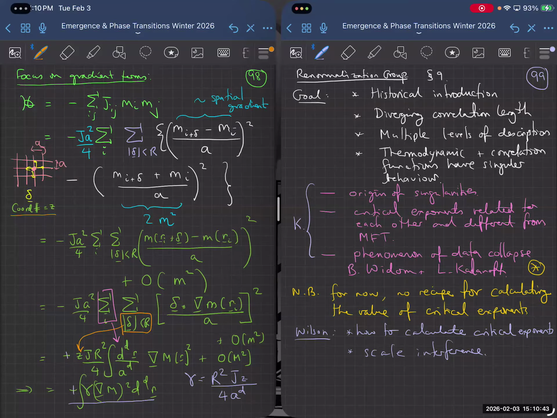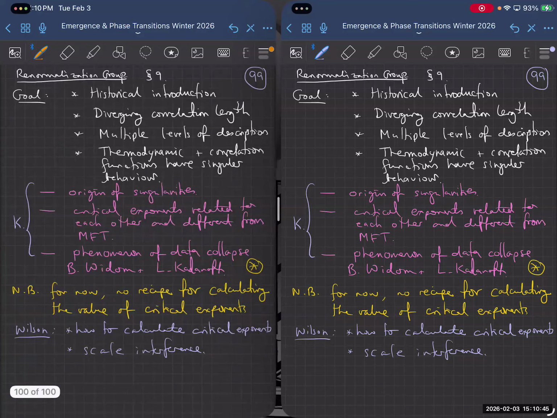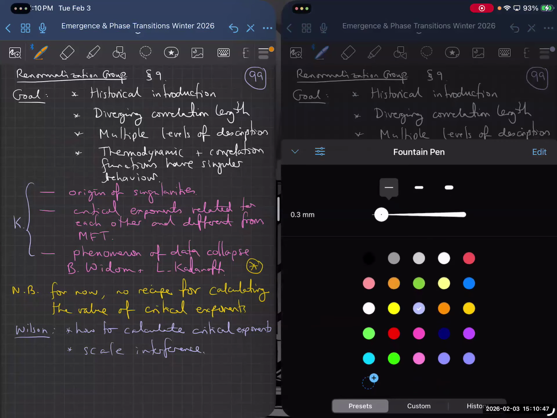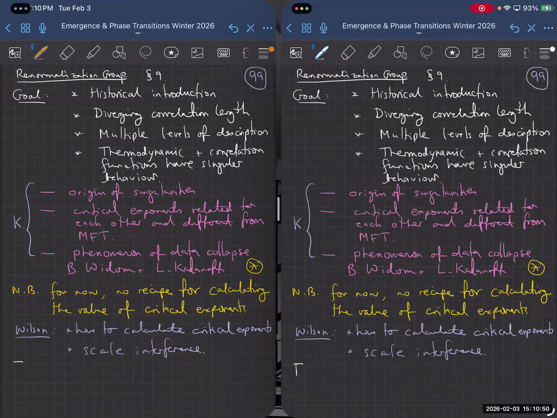So let's talk about what we're going to be focusing on. Our focus in all of this is the singular part of the free energy density.